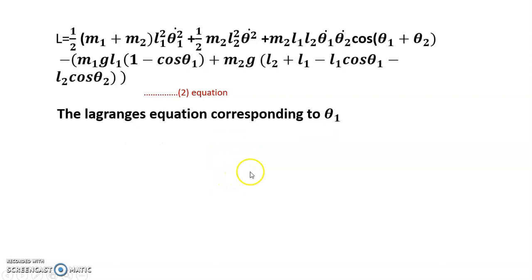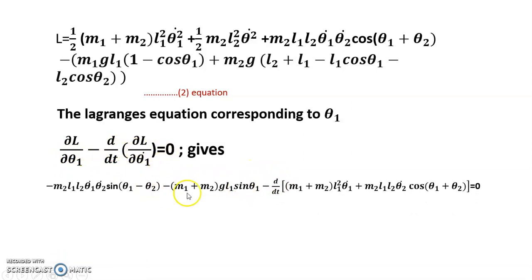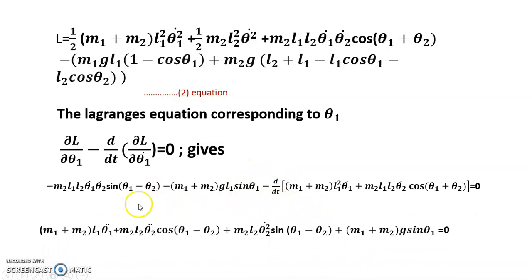And the Lagrange's equation corresponding to theta 1: d/dt of del L by del theta 1 dot minus del L by del theta 1 equals 0, which gives this value. This is simple when I differentiate with respect to theta 1.